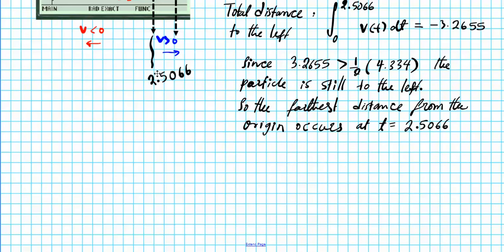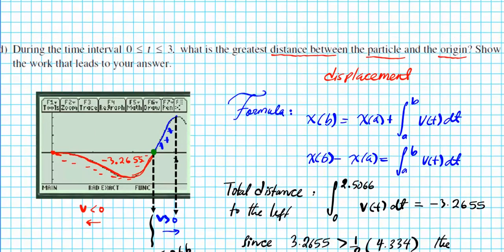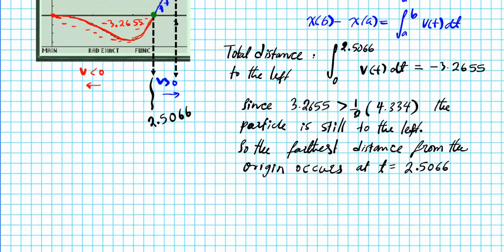The question doesn't just ask us where it is the farthest. It asks us to find what is the distance between the particle and the origin. So we actually have to compute how far the object is.